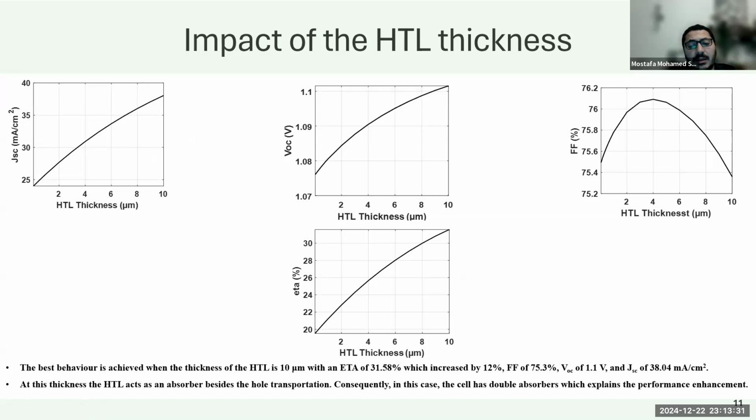So the cell has double absorbers, which explains the performance enhancement. The best behavior is achieved when the thickness of the HTL is 10 micrometer with an eta of 31.58%, which increased by 12%.